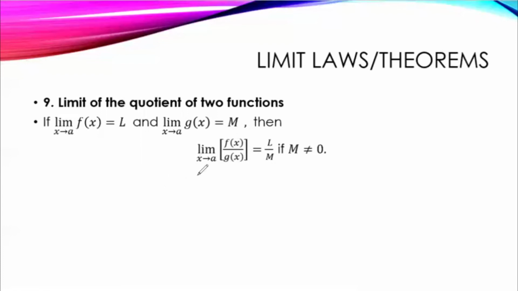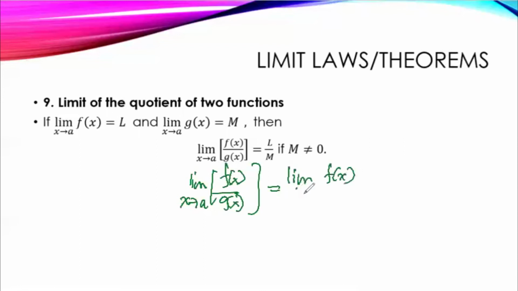So in other words, the limit of f of x over g of x as x approaches a can be written like this: the limit of f of x as x approaches a over the limit of g of x as x approaches a.